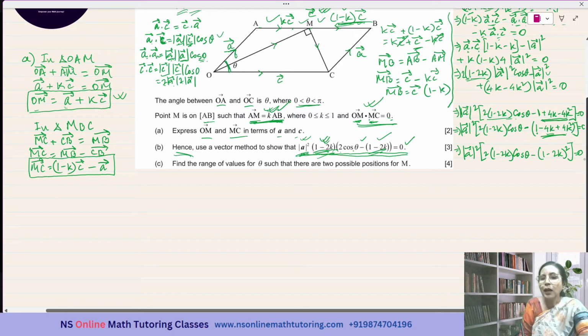Now we can take out the 1 minus 2k. It is present in both the terms. So this is magnitude of the vector A whole square times 1 minus 2k and then 2 cos theta from the first term and minus 1 minus 2k equal to 0. So shown.